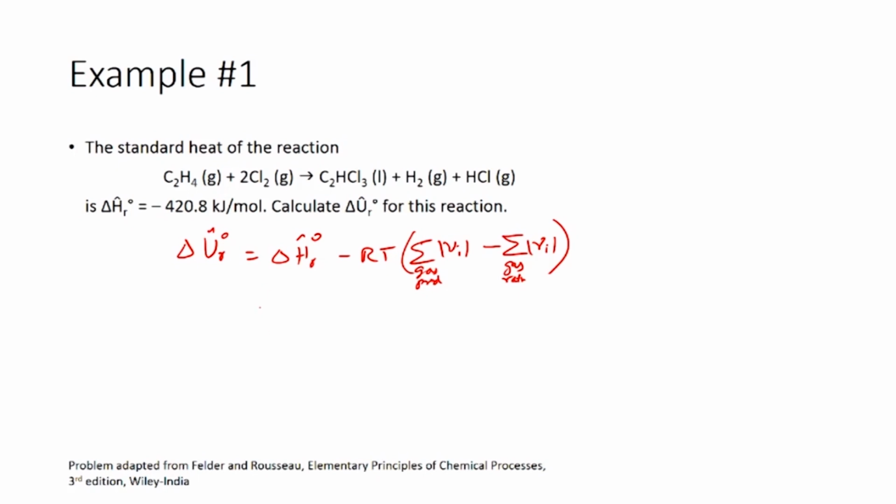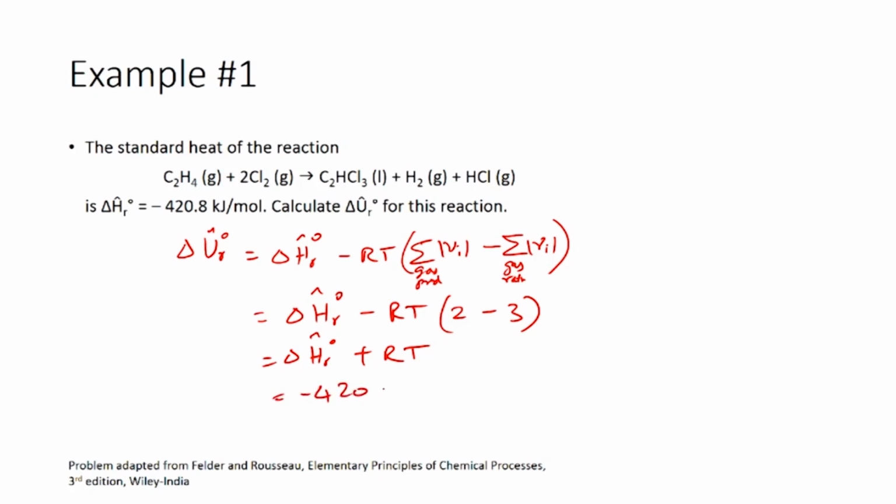So, the equation then becomes delta Hr cap minus RT times 2 minus 3. So, this becomes delta Hr plus RT, and we have the Hr value as minus 420.8 plus R, which is 8.314 times 10 power minus 3 because we want it in kilojoules per mole Kelvin, times your temperature.